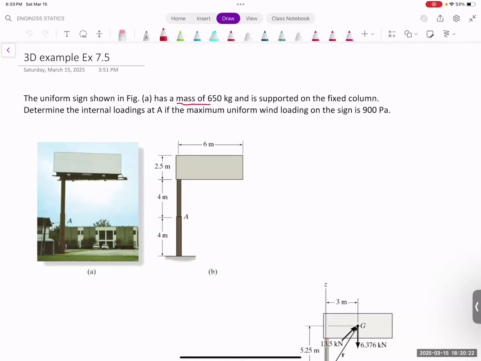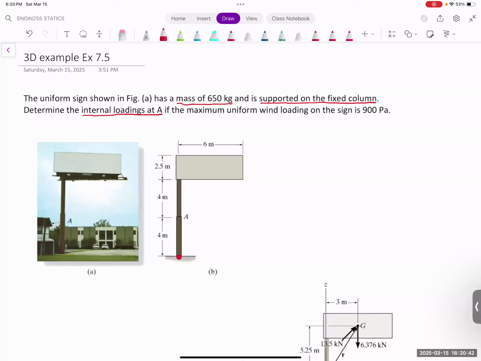The mass of the plate is 650 kilograms. The support is a fixed support, which is at the end of this point. Here, this is the fixed support. We want to find the internal loading at point A.